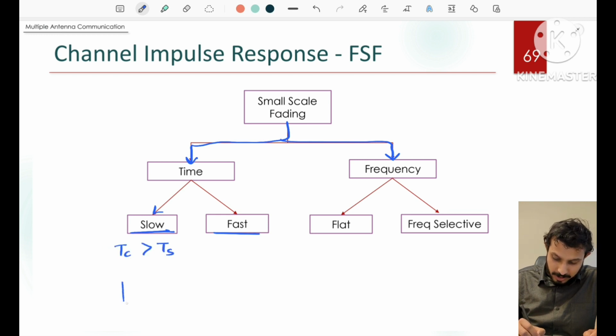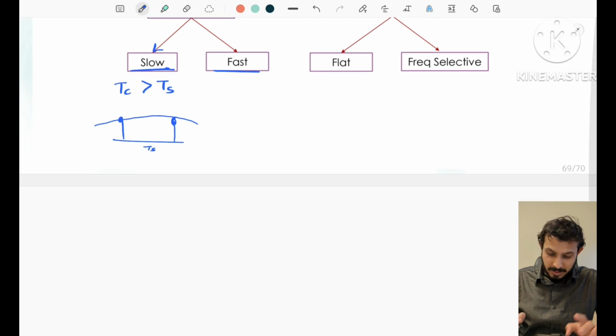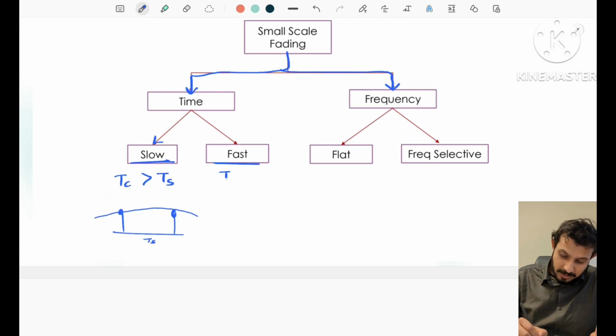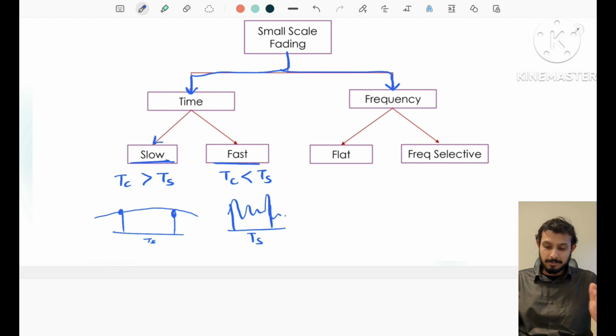If this is the symbol duration, then these two points are highly correlated. That means we have a slow fading scenario. And in the case of fast fading, we said coherence time is less than the symbol duration. If this is the symbol duration, then we have high fluctuations during the symbol duration.